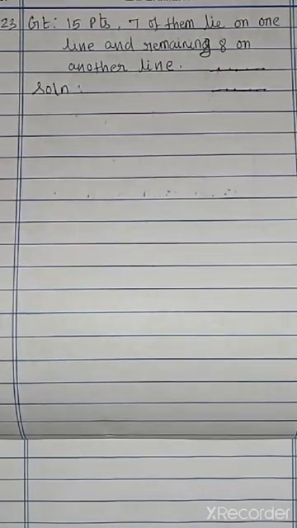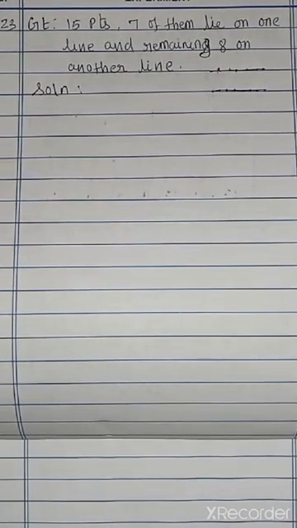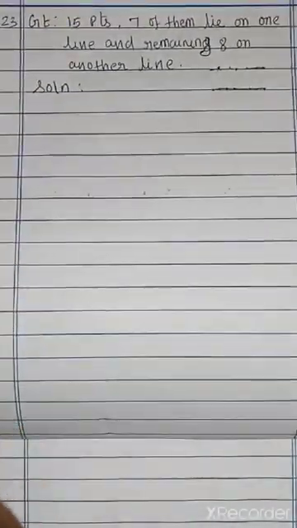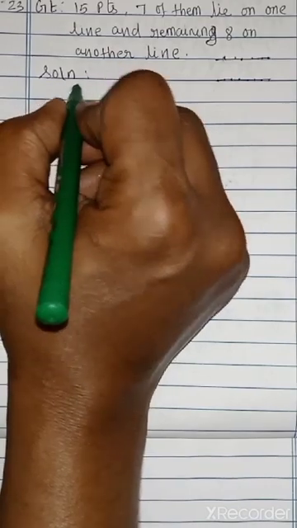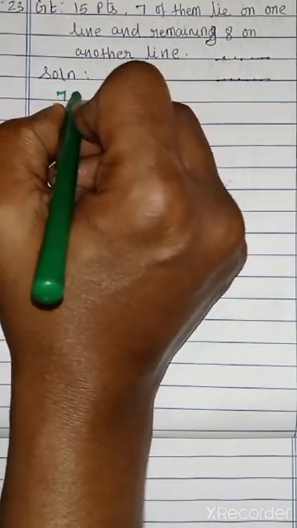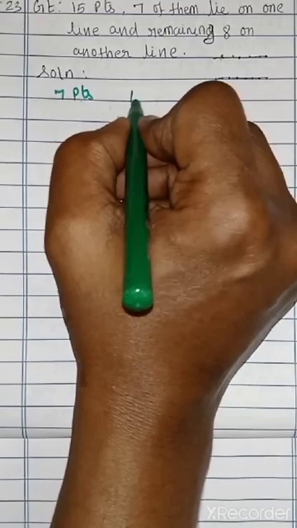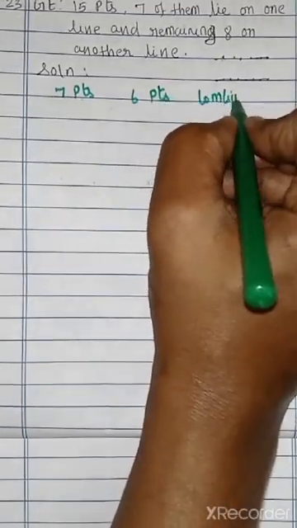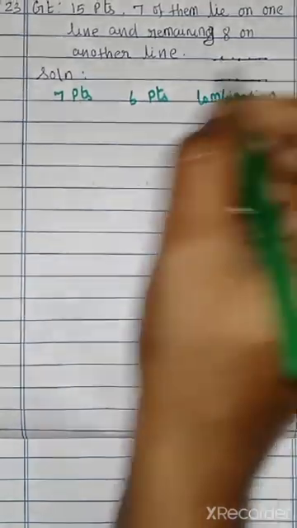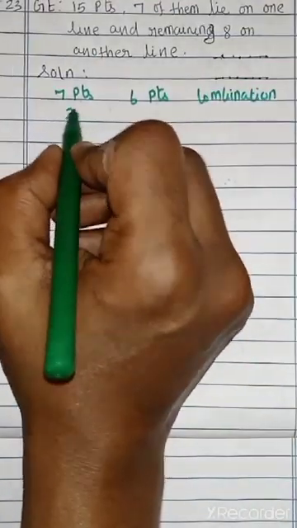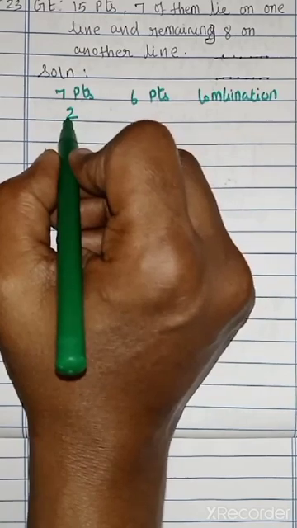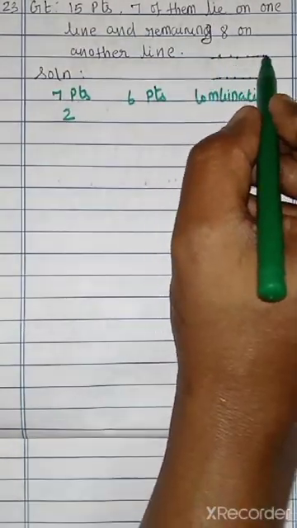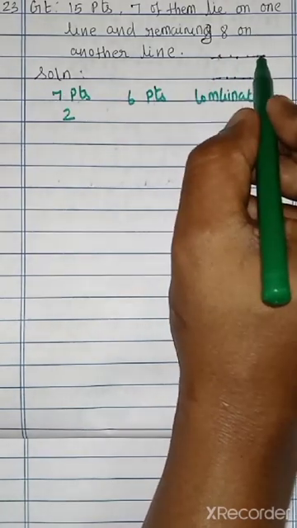To make a triangle, how many points do we want? 3 points. Okay. So here we can take from one line, how many points are there? 7 points. Next is 6 points. Next combination. If I choose 2 points here, how many points do I have to choose from the 8 points? Only 1. Can I choose 3 points from 7 points? No, because all 7 points are in the same line, we can't form a triangle, correct?